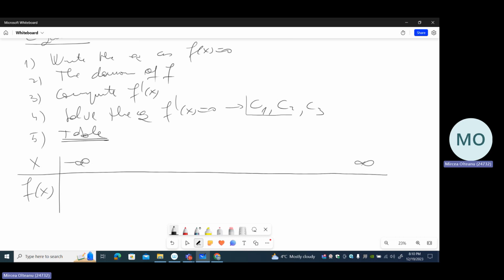And also the critical points, namely the solutions of the equation f prime of x equals 0. And now we compute the sign of f at these values, including the limits of f at minus infinity and infinity. Suppose, for example, that we need only the sign, not exactly the value.